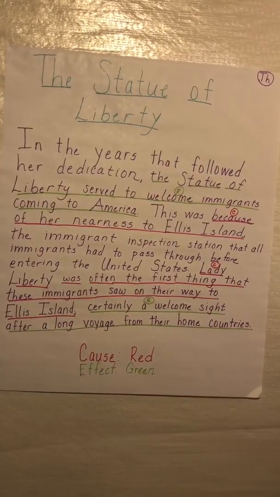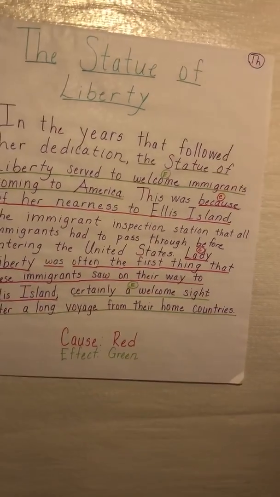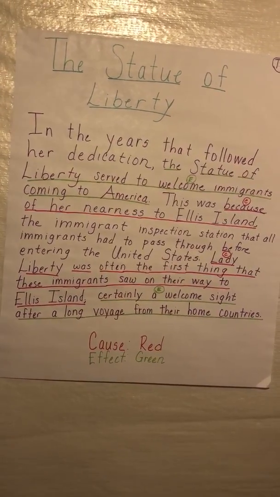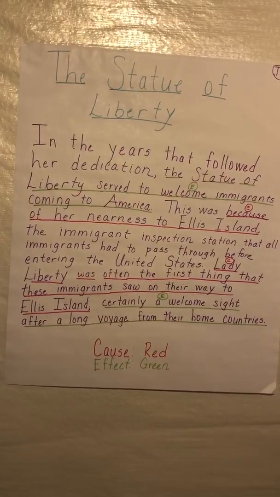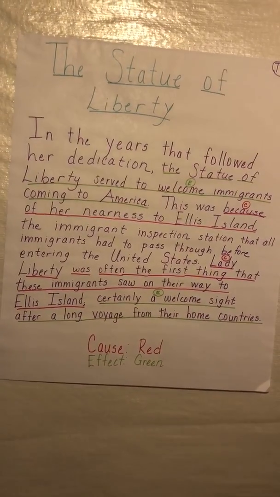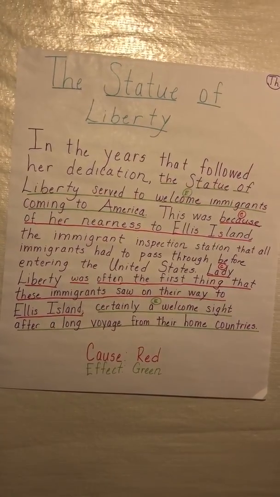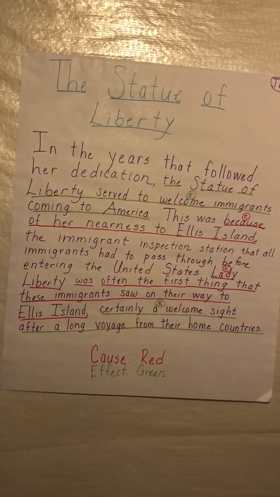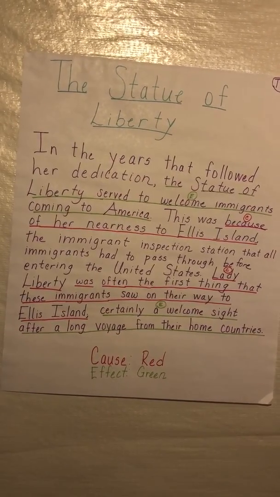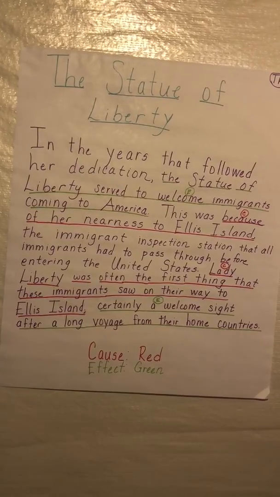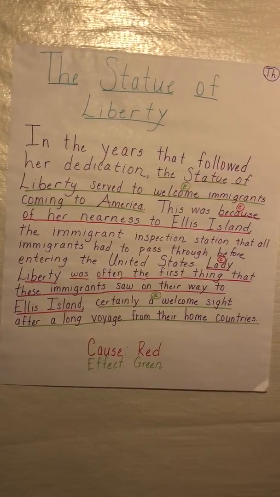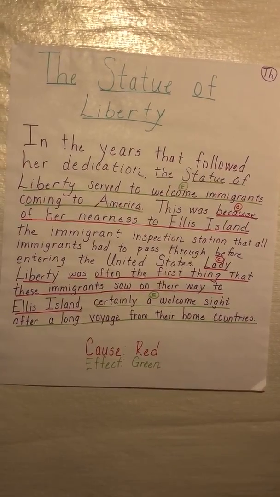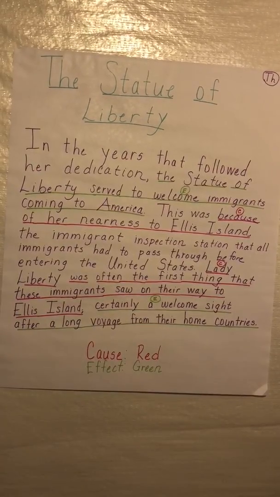Throughout the week, I've been showing you charts of cause on one side and the effect on the other and making two columns. It's just another way of doing it. So if you are marking right on the text, this is something that might help you to remember these relationships. Okay? So as we've read through this section of the Statue of Liberty, I noticed a couple of things.